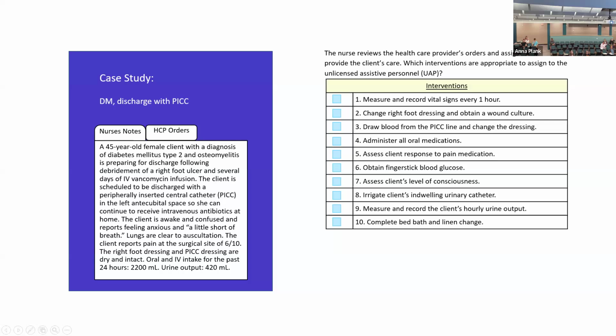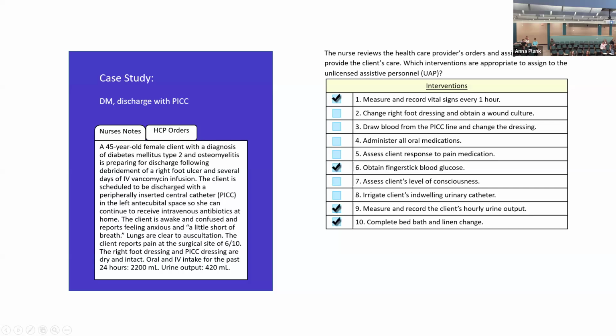Okay, what about measuring and recording vitals? Yes. Can I do that? Okay. Right, what about changing a dressing and getting a culture? No, we can't have them do that. Oh, well, we can have them do a glucose. Right, what else can we have them do? Okay. We can do hourly output and we can do a bed change.